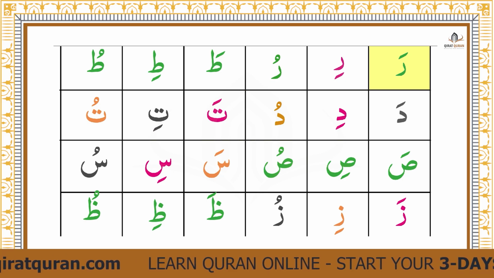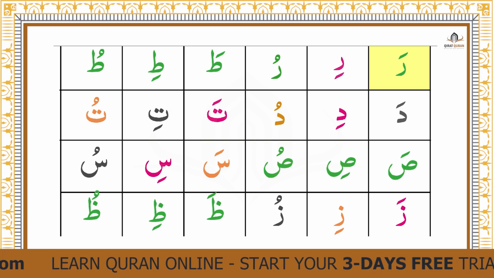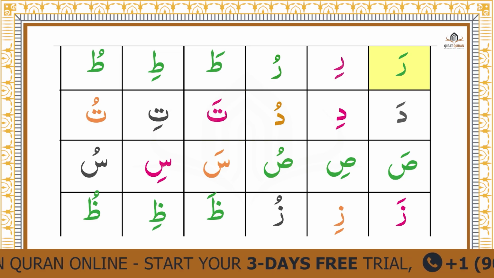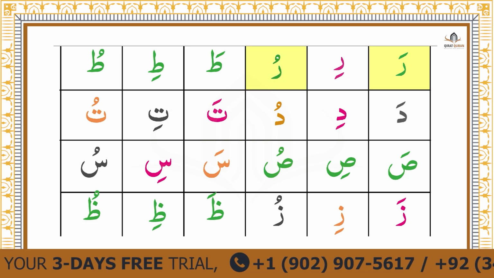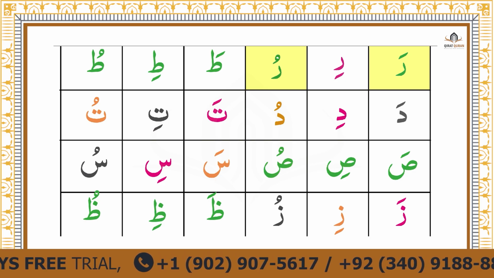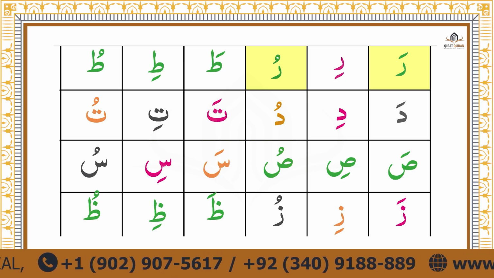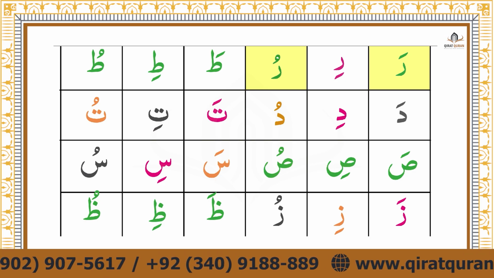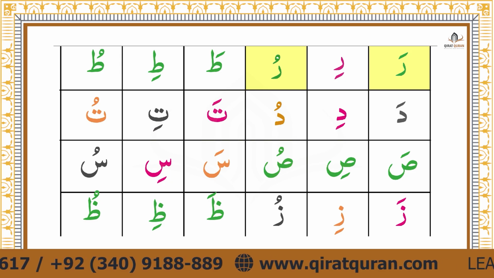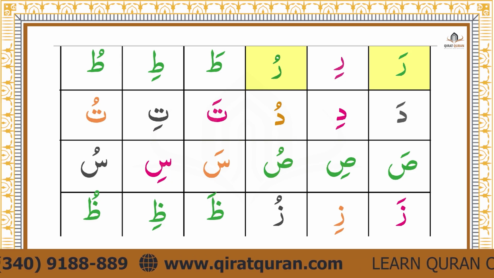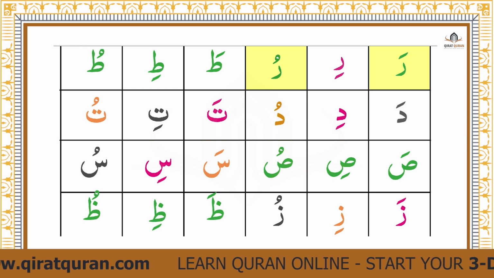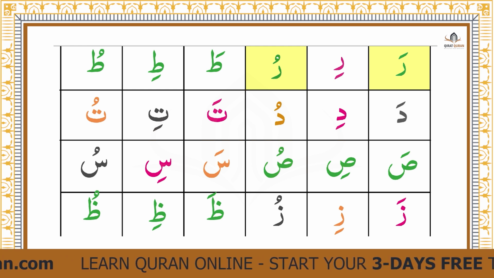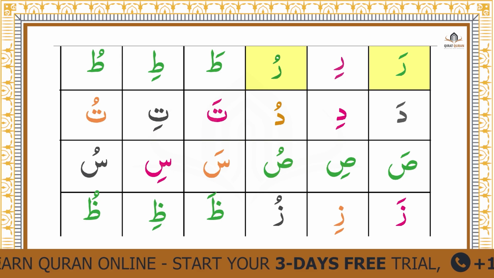As you can see, this Ra, which has Fatha on it, is in the green color, and also the Ra which has Dhamma on it is in the green color. So this shows us that when Ra has Fatha or Dhamma, then we have to read the Ra bold.